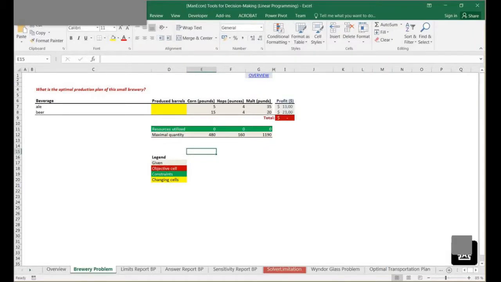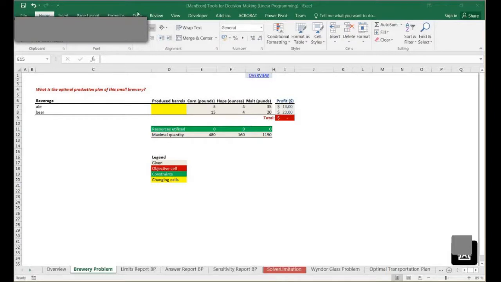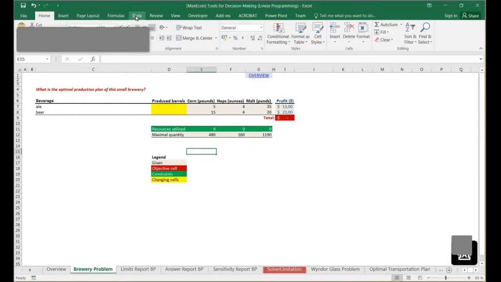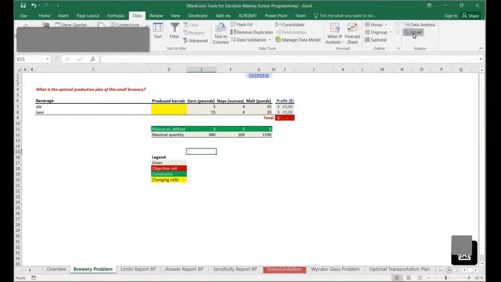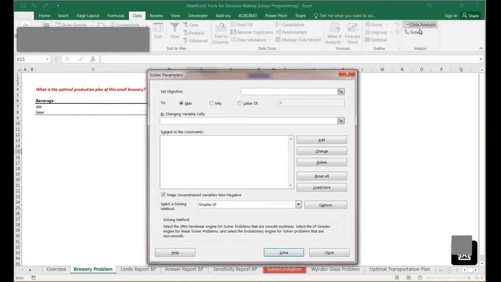So you go to the Data tab, go to Solver. I hope you can see it. And this is the dialog box. You have to set the objective.